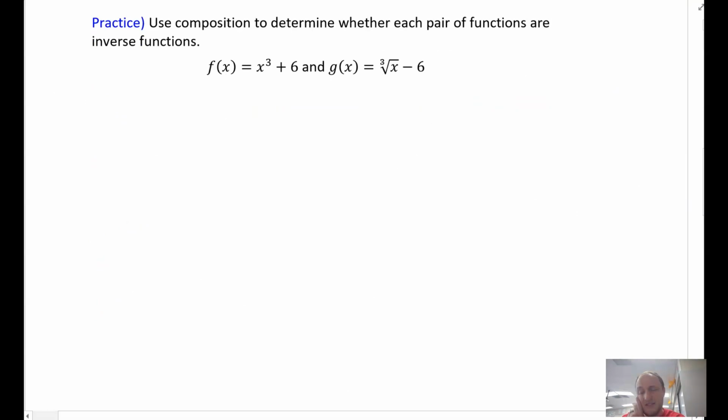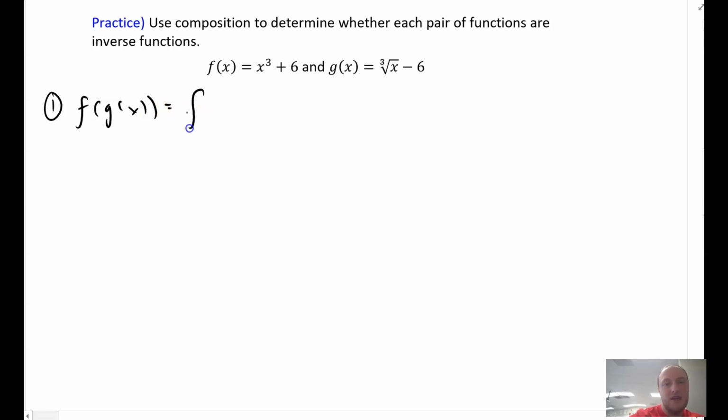All right, let's look at another example. I know this one says practice. If you want to do this as practice, feel free, but I'm kind of going to give it away. This is a counterexample, so I want to walk you through it. I want to use composition to determine, are these inverses? What I get is f of g of x.